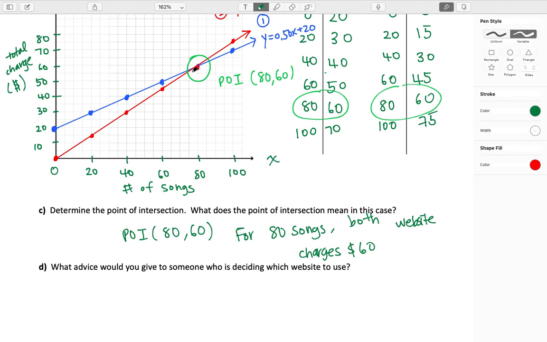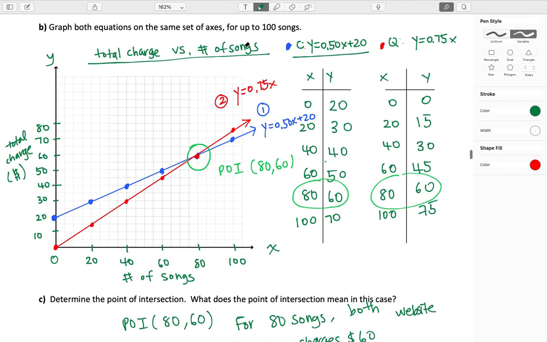downloading less than 80. But on the other hand, if you are downloading more than 80 songs, then obviously the Q Tunes is higher. So it's better to go with the Cold Wire because it's going to be lower here after the 80 songs.